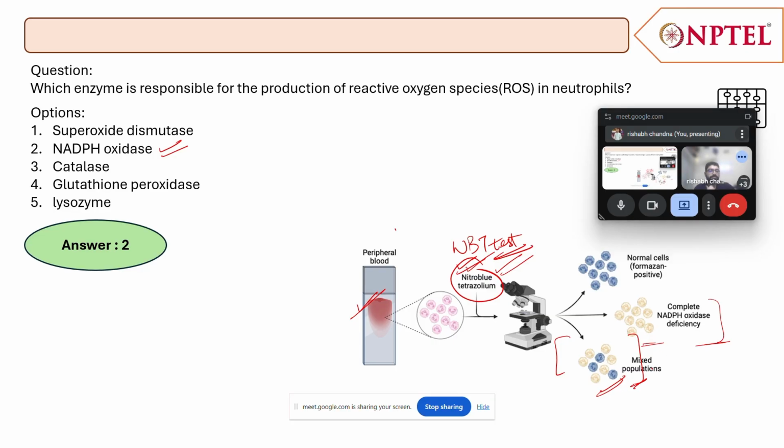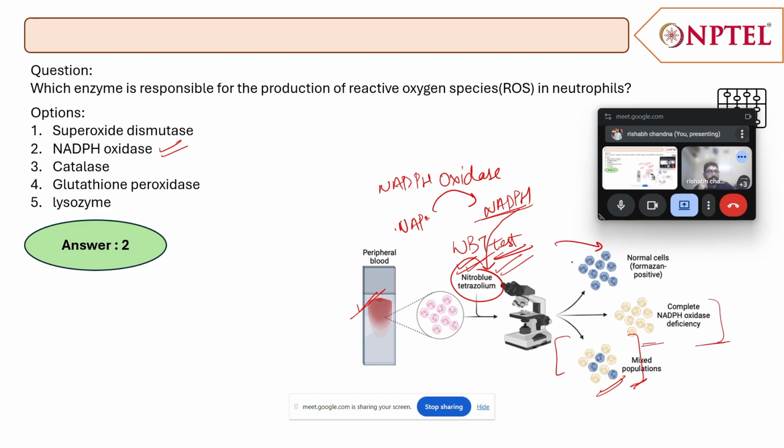Because if NADPH oxidase is there, it would convert NADP to NADPH, and if NADPH is present, it would directly act upon this nitroblue tetrazolium and convert the dye to blue color.